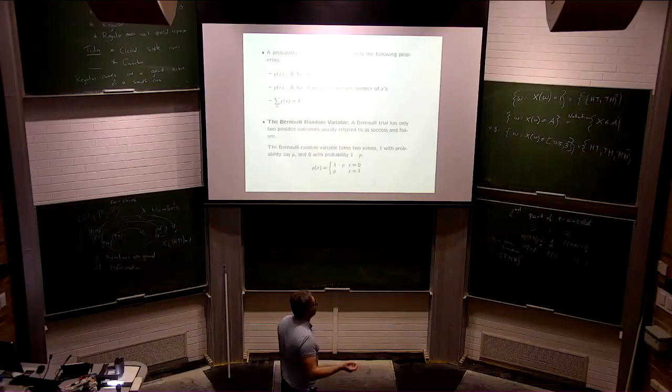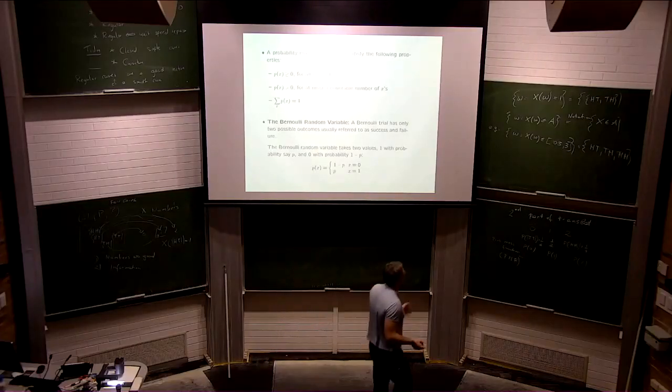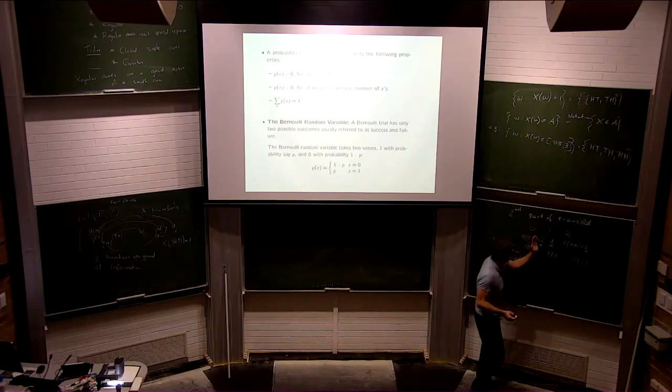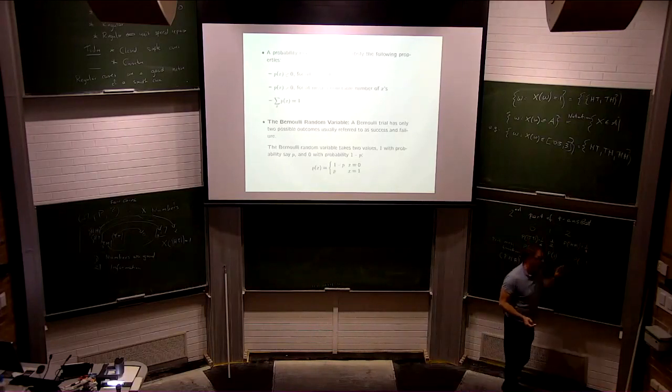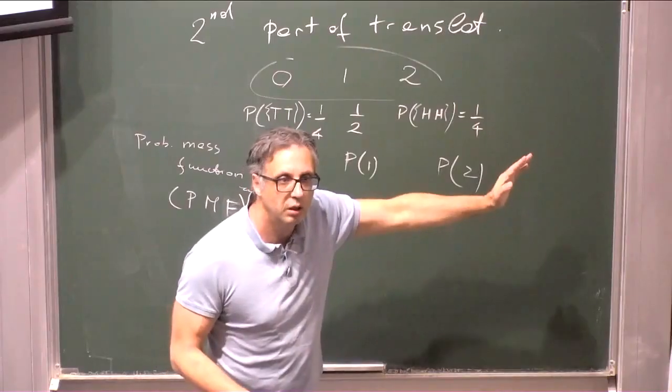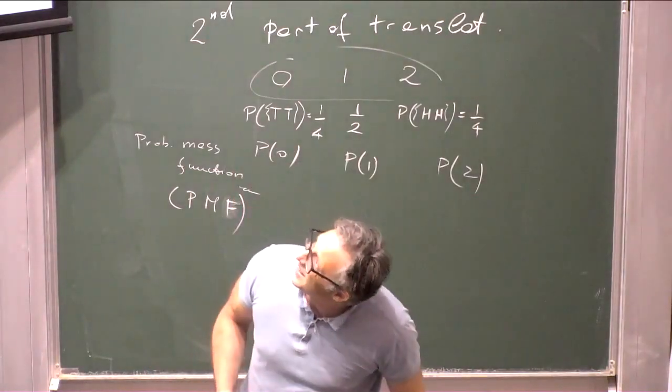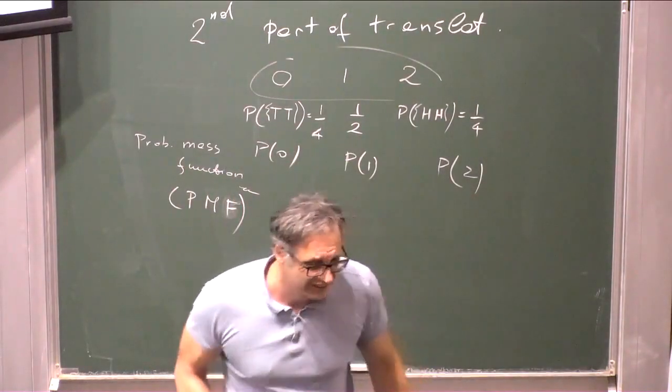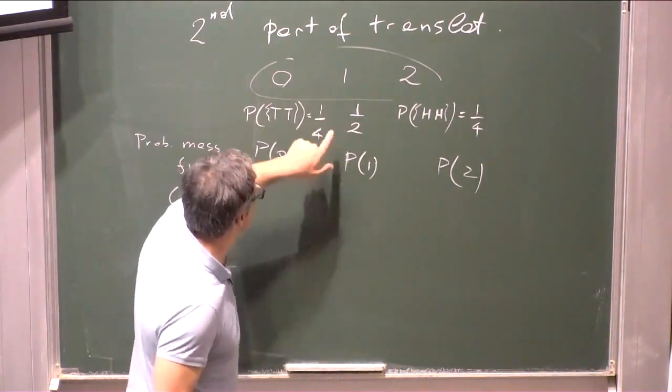So what are the properties in general? This is an example, and you can see that I have non-negative numbers. They add up to 1, and that's more or less it. The possible value should be strictly positive.